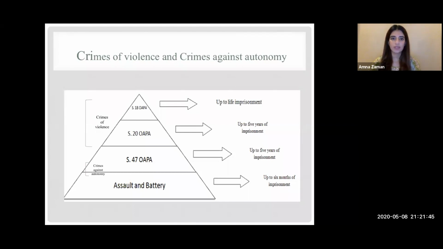The offense set out in Section 18 of the Offences Against the Persons Act, the offense set out in Section 20, and Section 47 of Offences Against the Persons Act. After having considered these three offenses, as you can see in the pyramid right in front of you, we will then move on to crimes against autonomy. And in crimes against autonomy, we will be talking about assault and battery.